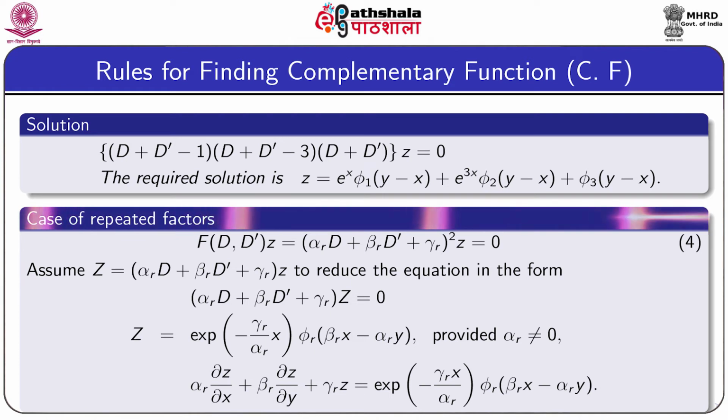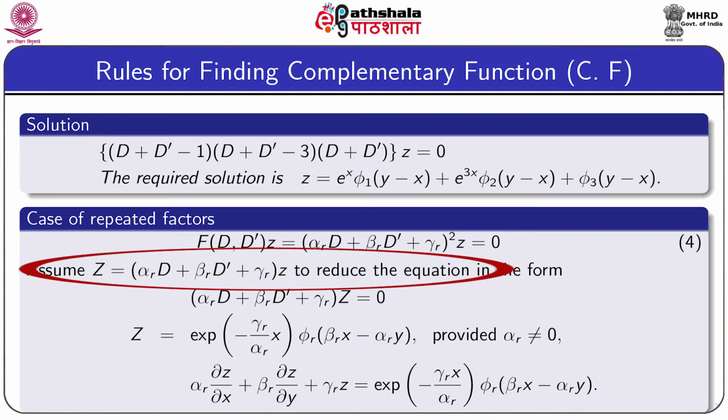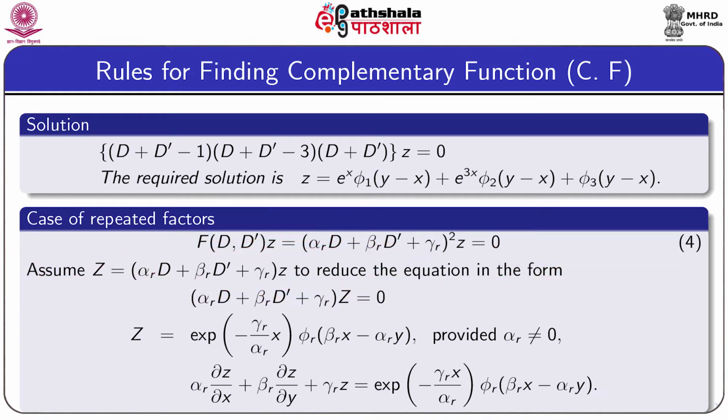Now, suppose that there is a linear factor of F, but that factor is repeated. Let us take one example where the linear factor comes twice, written in equation number 4. To solve this equation, we assume another variable capital Z as (alpha r D plus beta r D dashed plus gamma r) into z.